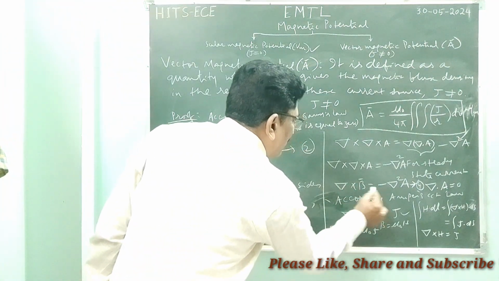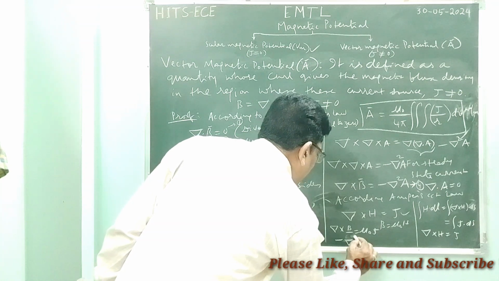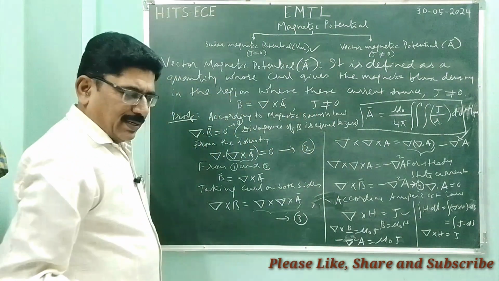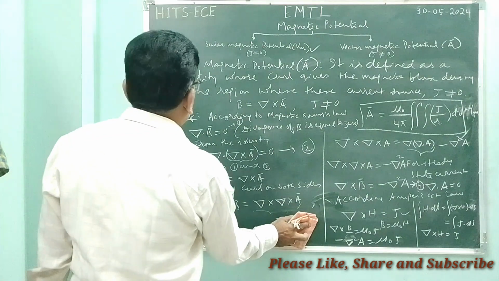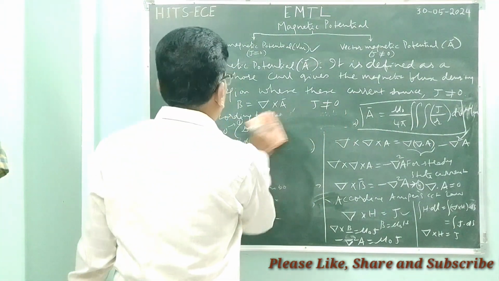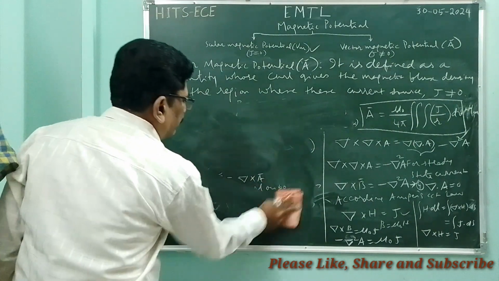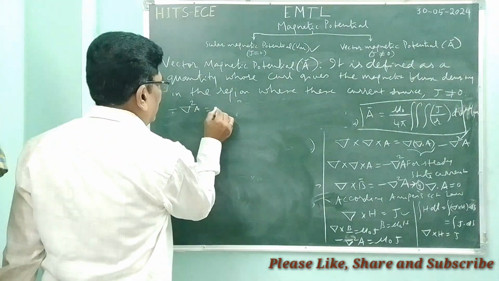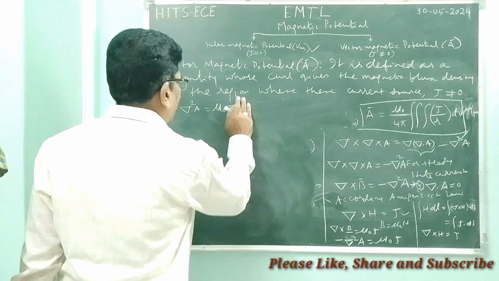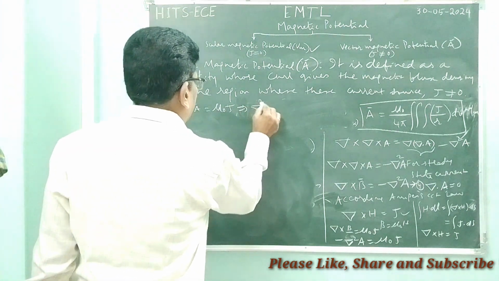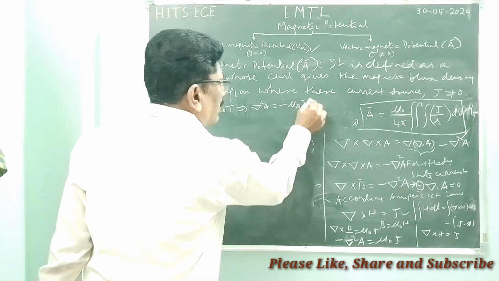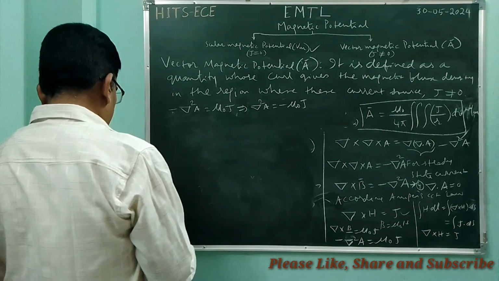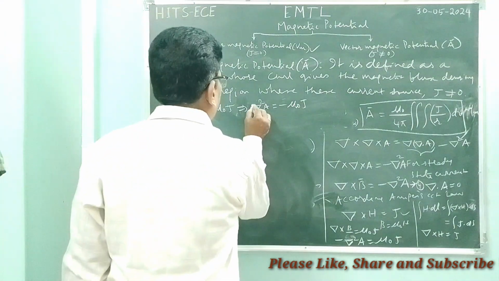Del cross B is minus del square A, which is equal to mu 0 J. Minus del square A is equal to mu 0 J, which implies del square A is equal to minus mu 0 J.